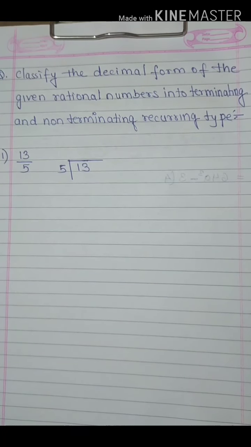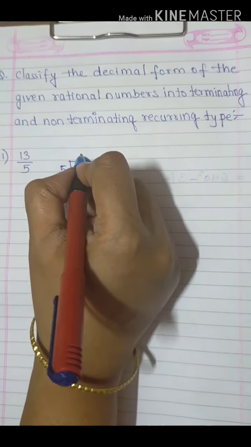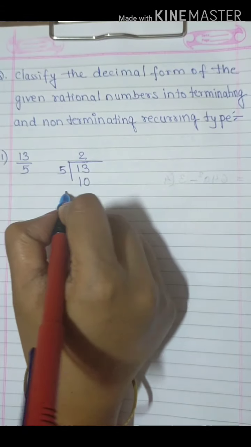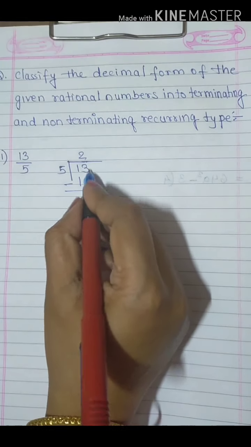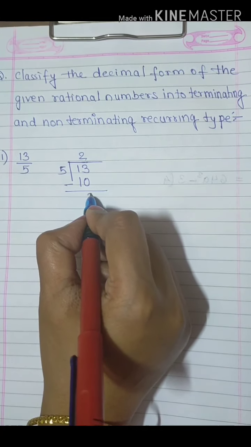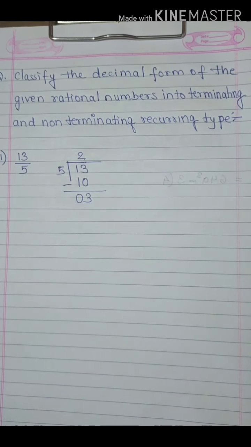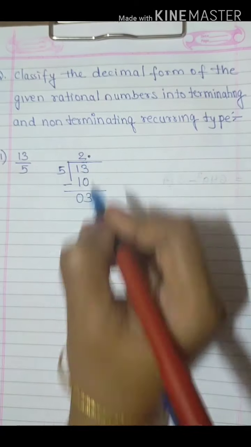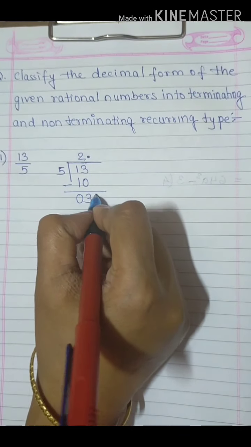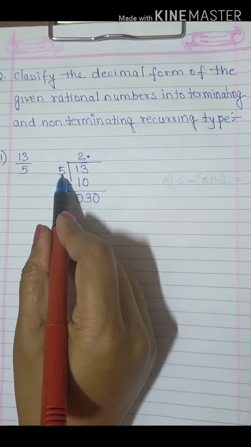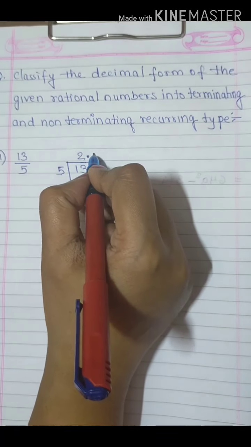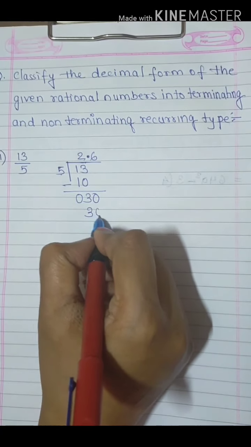So as you know, 5 2s are 10. Okay, here 3, here 0. Now we are going to take decimal point, then here 0 will come. Now 5 6s are 30.